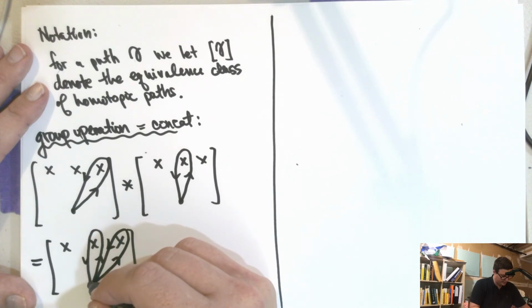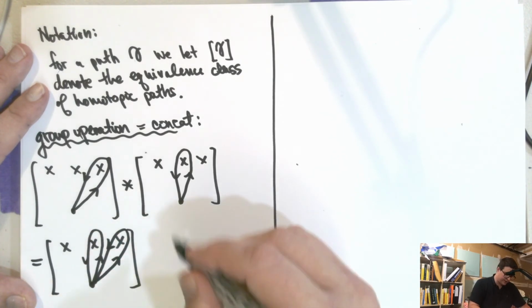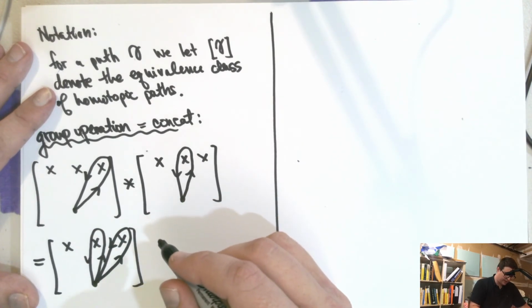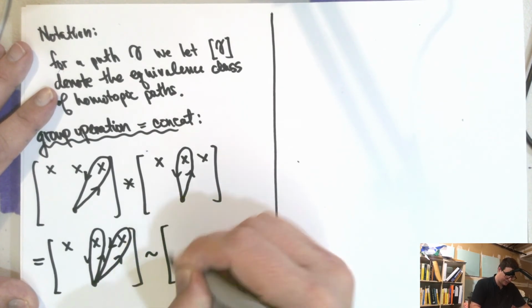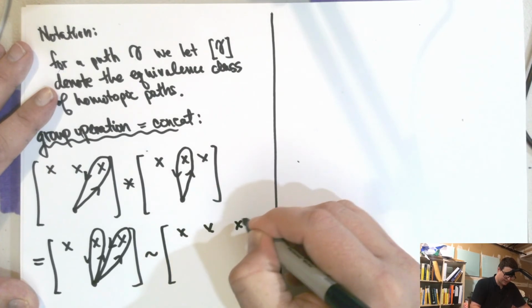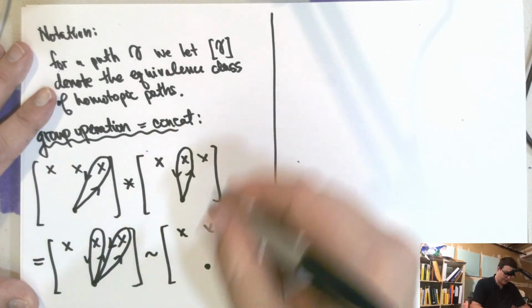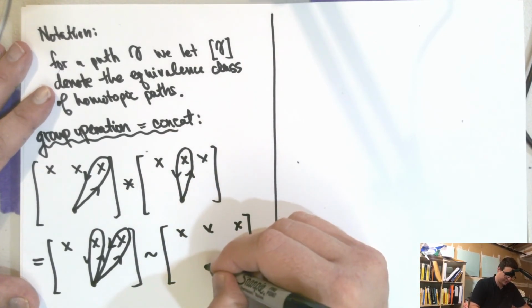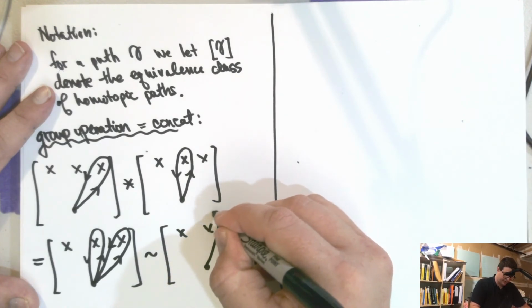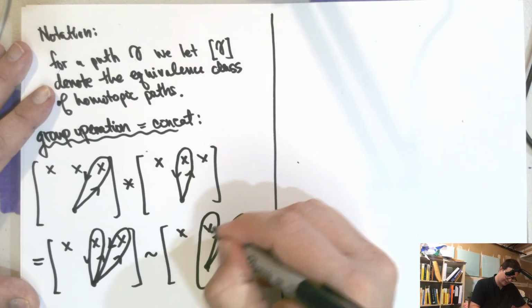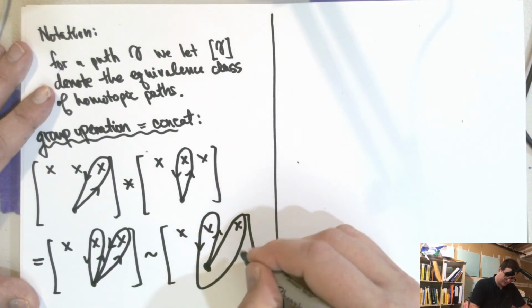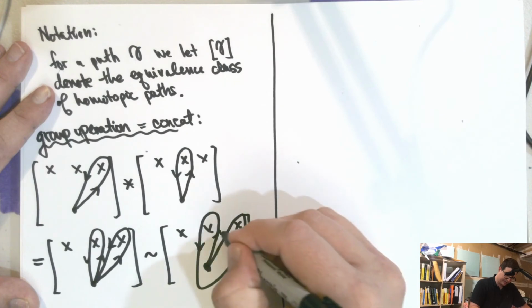We could write it like this. This one's homotopic to, if we do it the other way, it looks a little bit better, but it's not such a big deal. So this one's homotopic to this. We could lift off here, so it looks like a little heart or something. So this one's homotopic to this path here.